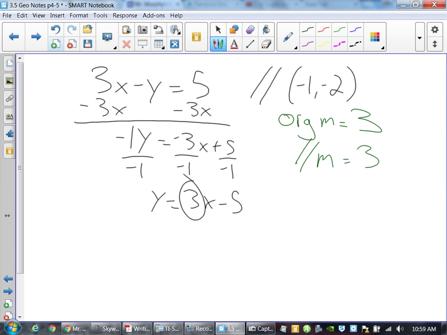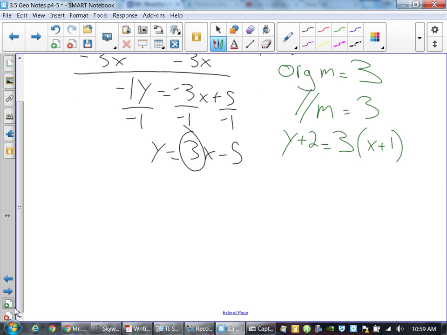And then point slope. Y plus 2 equals 3 times x plus... Excellent. Distribute and solve. Distribute out. We have a 3x and a 3. And the very last thing to do then is to move the 2.